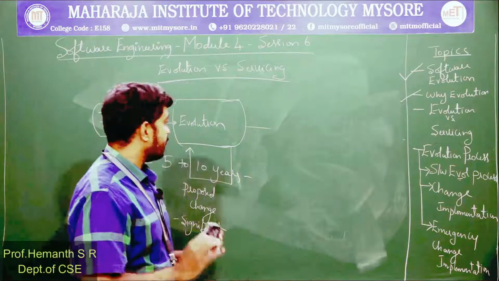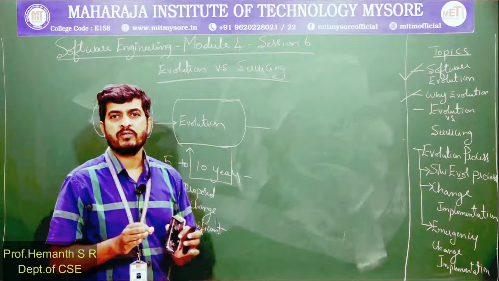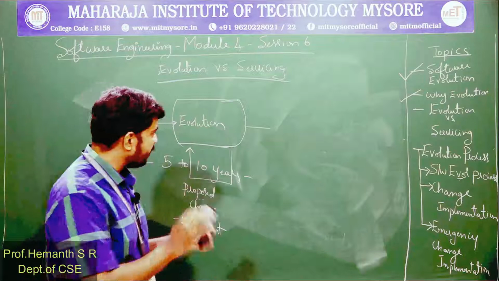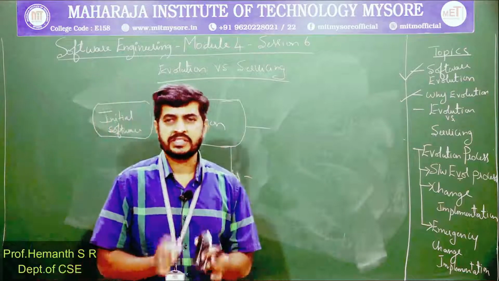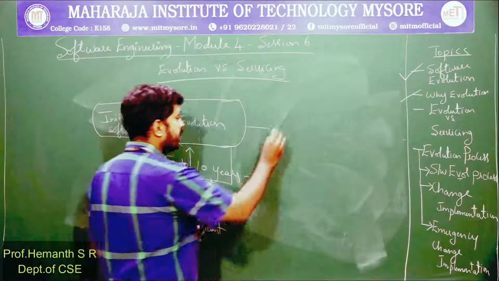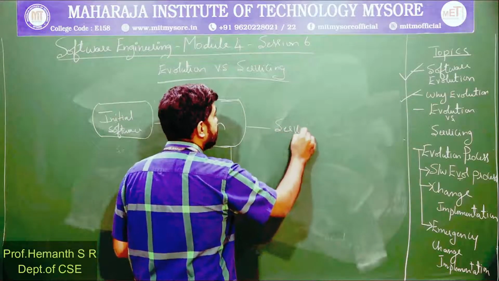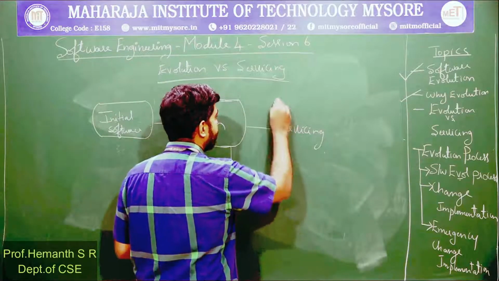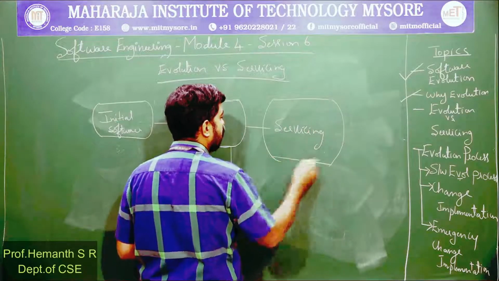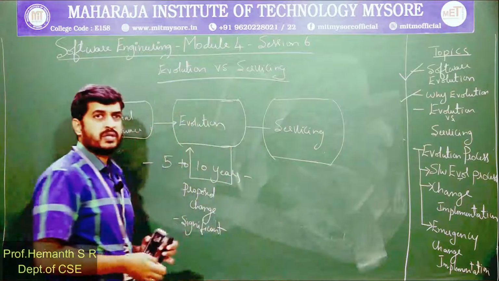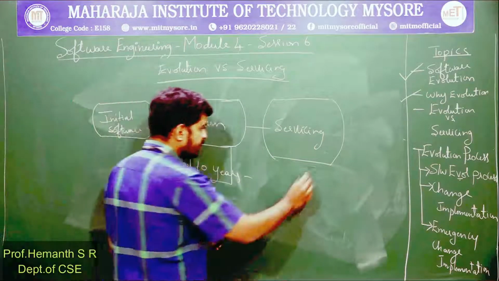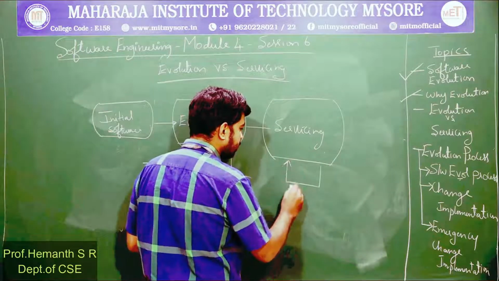At that stage, you will drop the idea of making major changes, and if any changes need to be done, it is only minor changes, and we call it software servicing. So now we understood the difference between evolution and servicing. In servicing, it is only small changes.